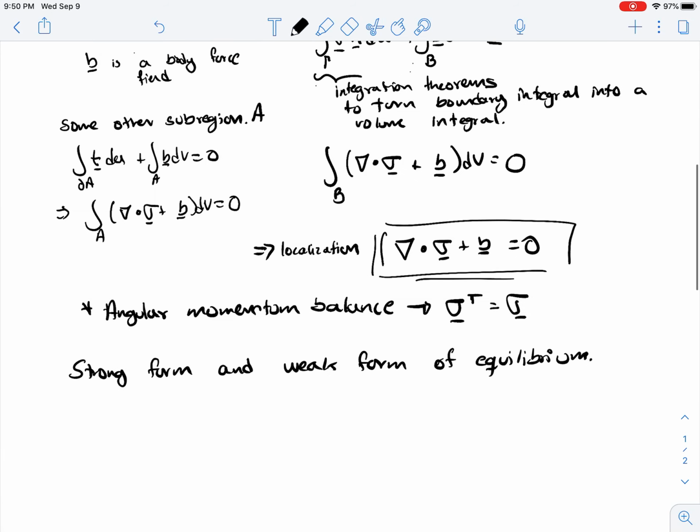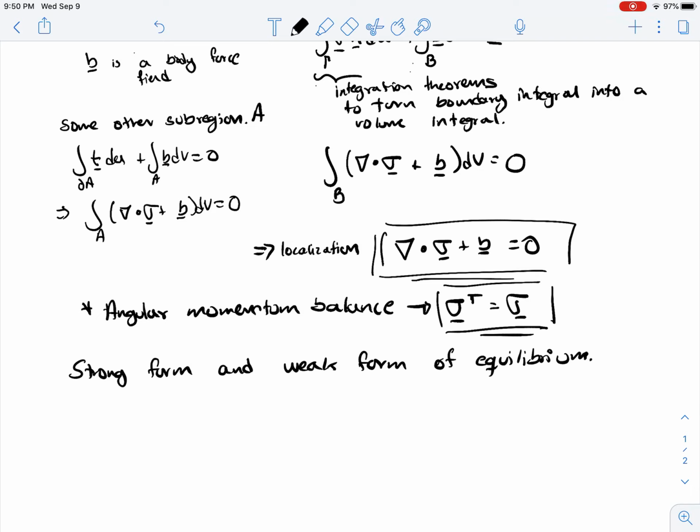I'm not going to do the derivation. So that's basically the two things you get from equilibrium: the divergence of sigma plus the body force equals 0 at any point x, and also that the stress is symmetric.